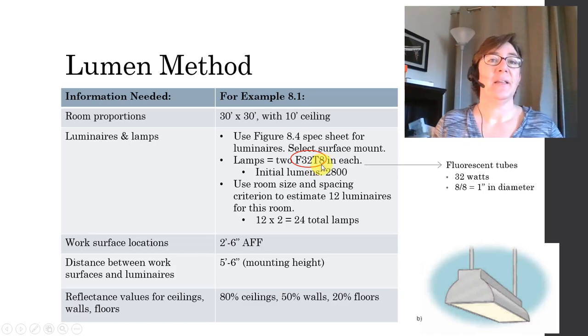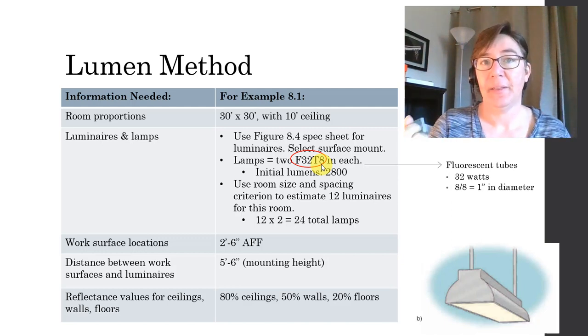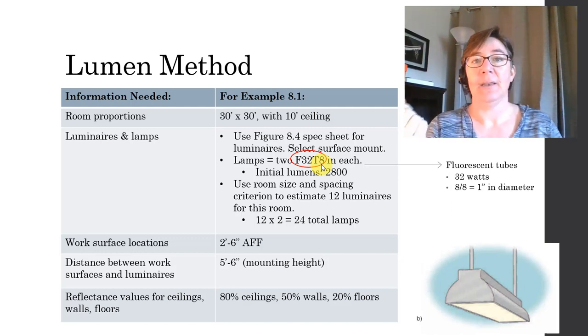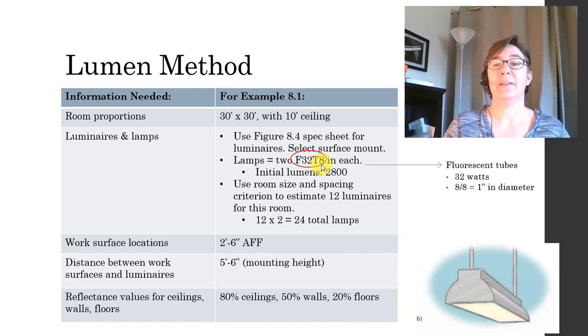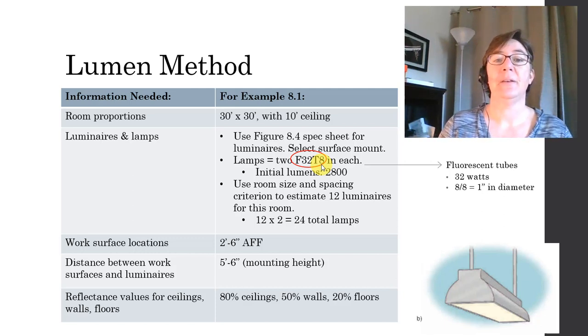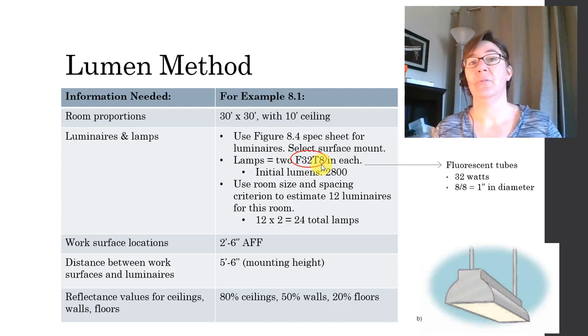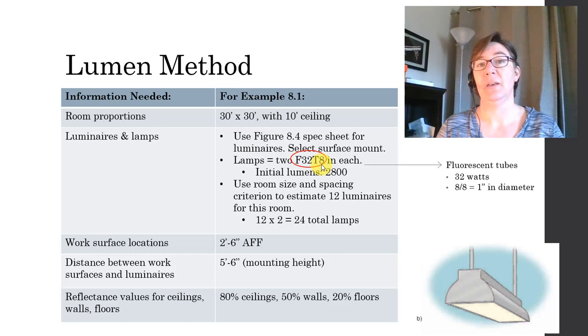And the number 8 is how many eighths of an inch in diameter. For 8, it is a 1-inch diameter because that is 8 eighths. So all in all, the F32T8 is a fluorescent tube that needs 32 watts of energy and is 1 inch in diameter.